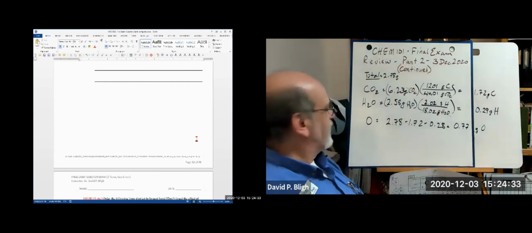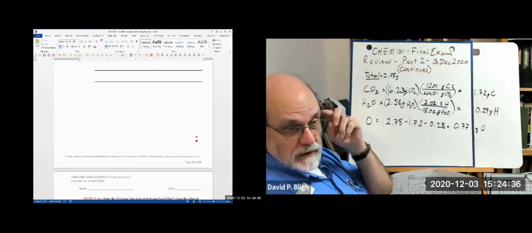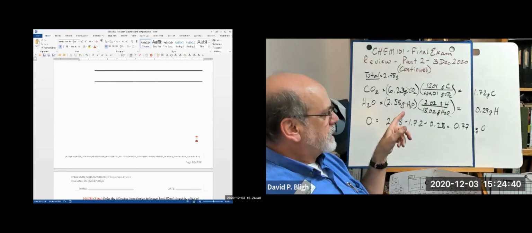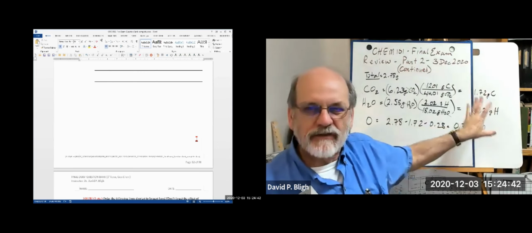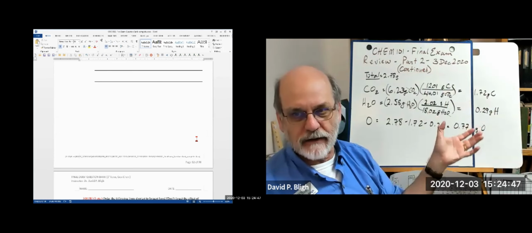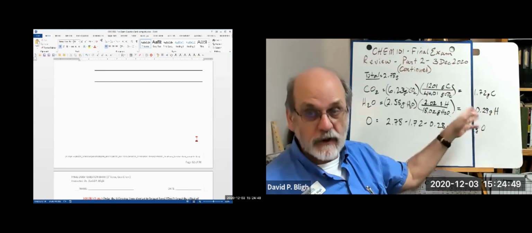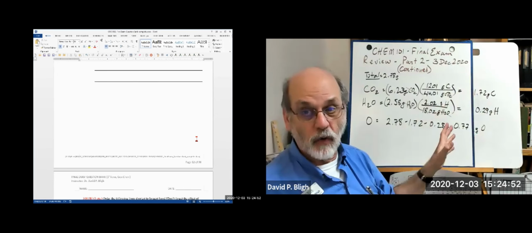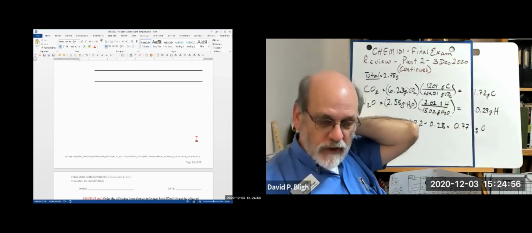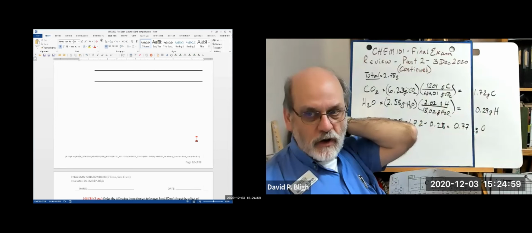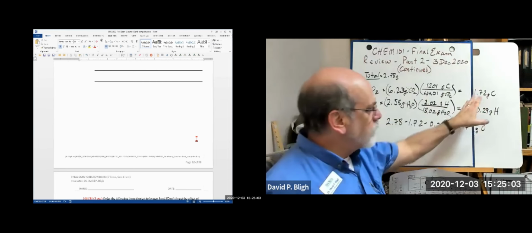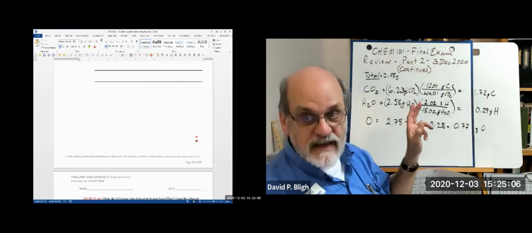This is not given in percent, so we don't have to use that trick where you say 100 grams for percent. We do have mass, so we can convert these directly into moles, right? Because if you want to know the empirical formula or the molecular formula, you have to know the mole ratio, not the mass ratio. Moles. So we convert these into moles of each.